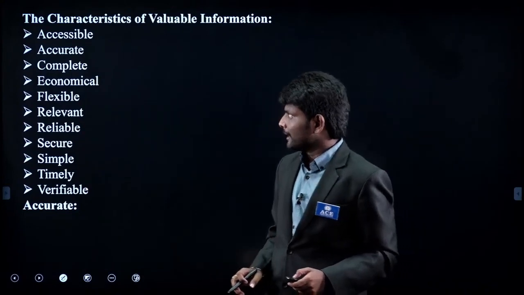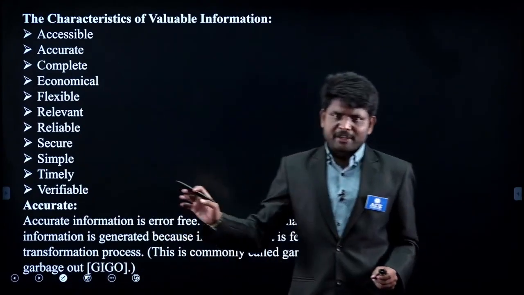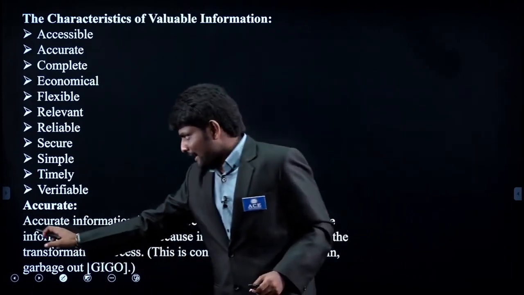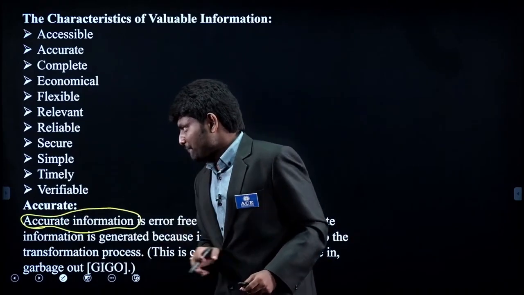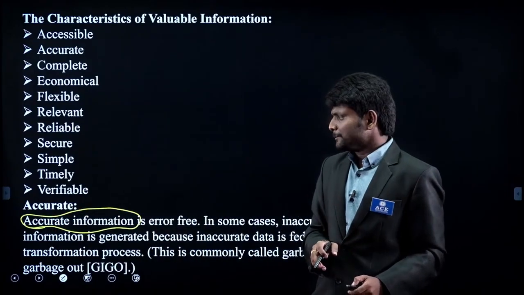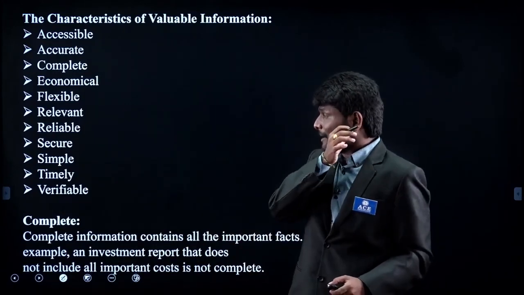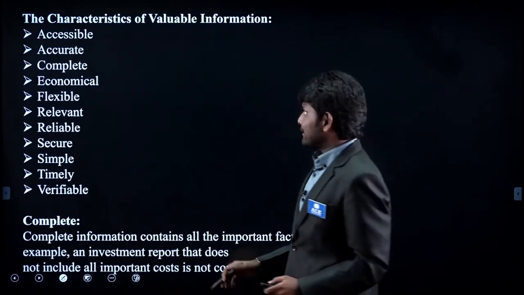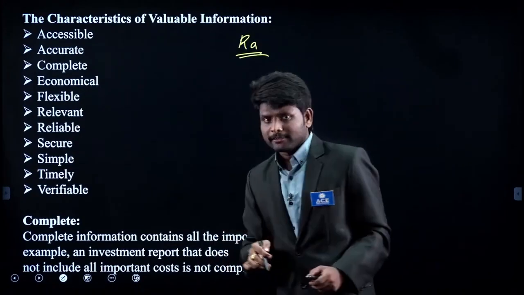Fine? Then the second point is accurate. So you cannot give wrong information. Accuracy means correctness of the information. The user always expects the information to be accurate. Fine? Then complete. What do you mean by complete here? Let us say if someone asks you what is your name, let us say the name is Ram. If you just say RA, does it make any sense?